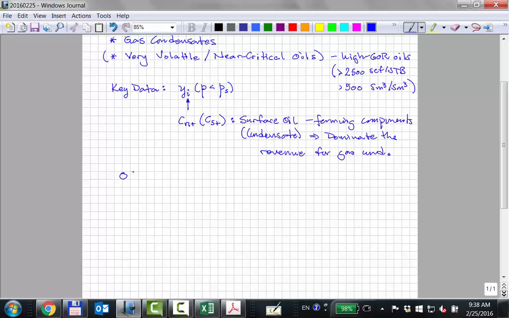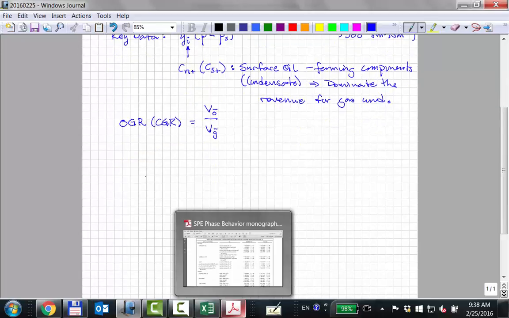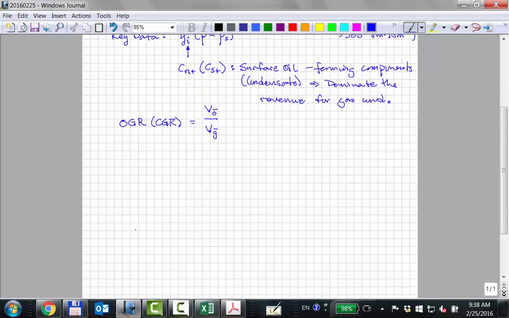We're going to talk about oil-gas ratio, or as it's called in this spreadsheet, condensate-gas ratio. This is going to be the surface oil volume from a process to the surface gas volume. Okay, so we've got this reservoir that we've defined. We bring all of the material to the surface. We put it through some surface process.